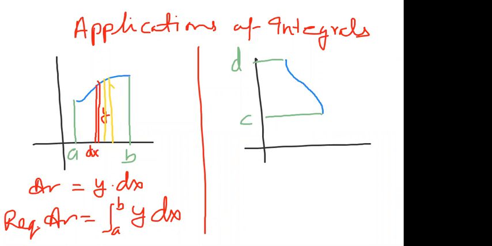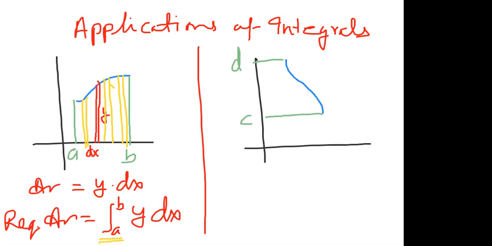Like I was making only one strip, now you will be able to see we can make many strips, and this integral is also said as summation. So it is the summation of the areas of a number of strips. We are adding the areas of all the strips from point A to point B. This is the whole area calculation.